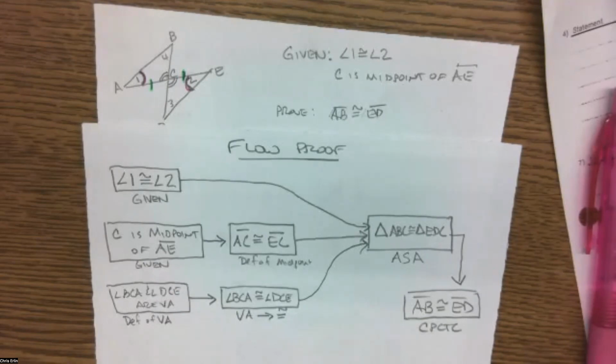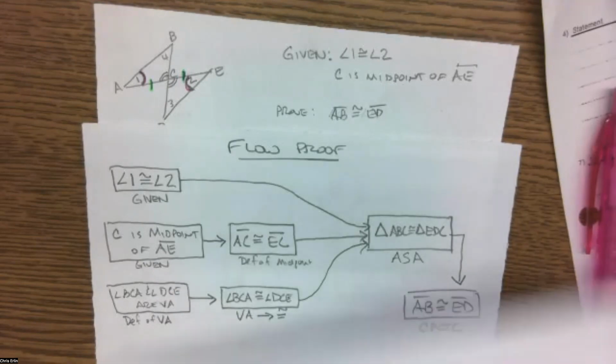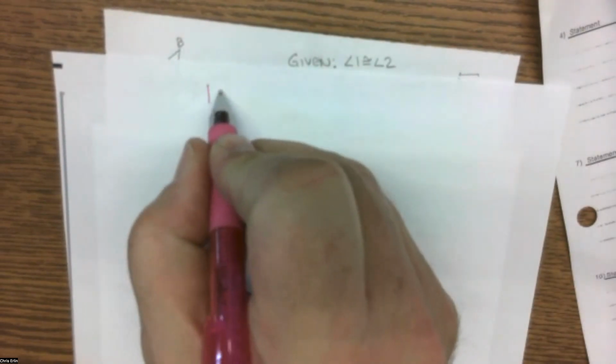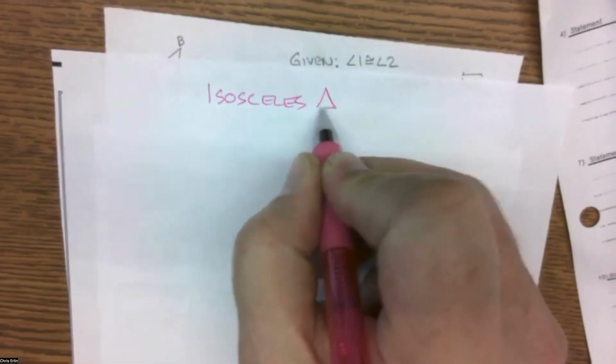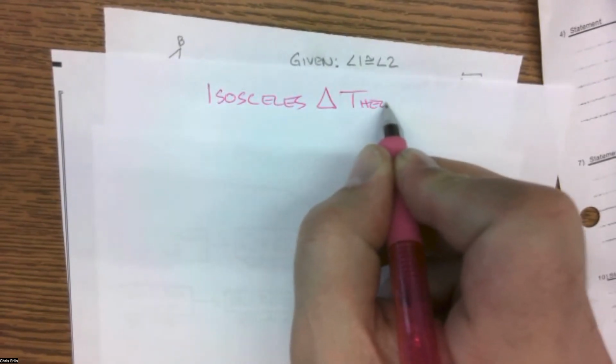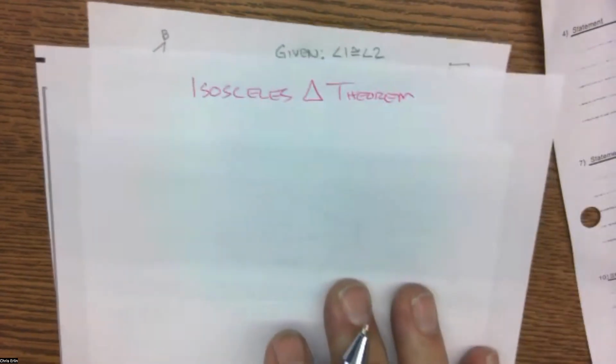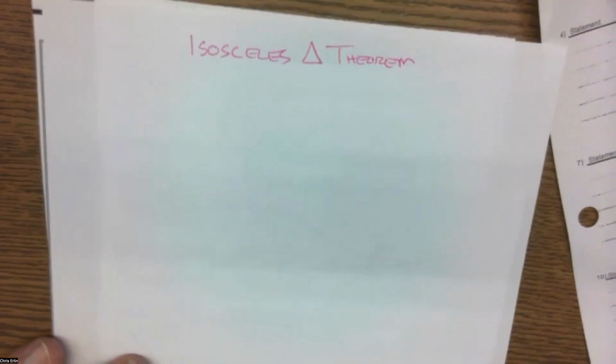Today, we're going to work with proving a theorem specifically. Hang that up. It's a theorem you guys have used before. Do you remember the Isosceles Triangle Theorem? What does the Isosceles Triangle Theorem say?